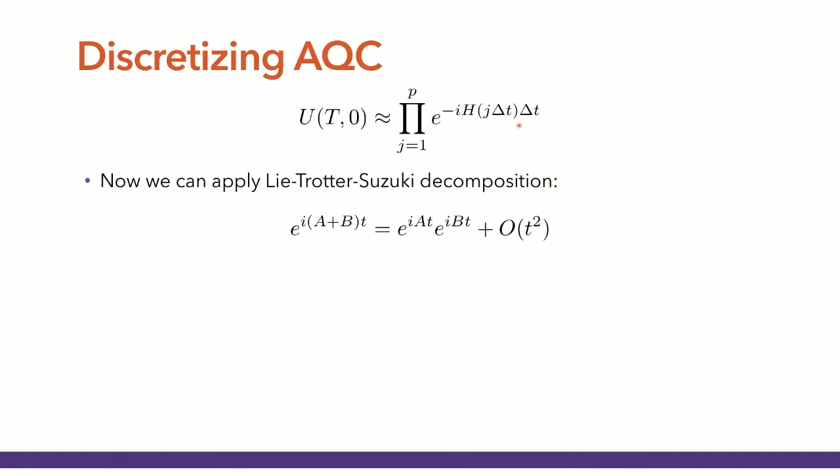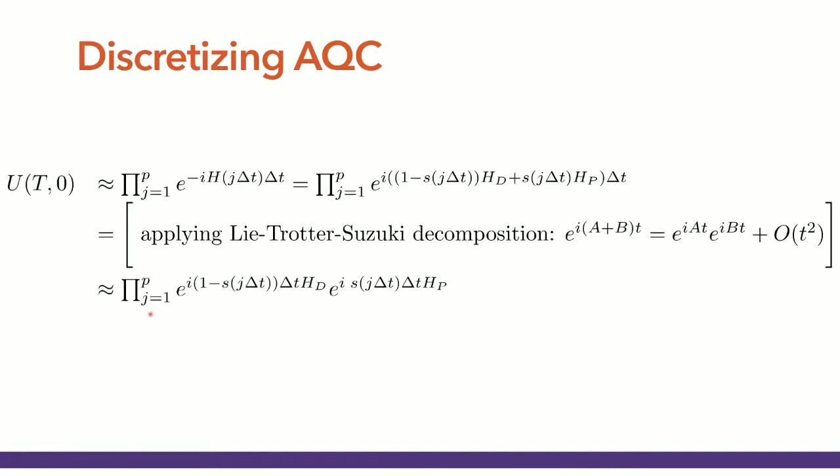They don't necessarily commute, so we apply the Suzuki-Trotter decomposition, and now we get this product of exponents of minus i (1 minus s_j) H_d delta t and minus i s_j H_p delta t, because our Hamiltonian is evolving with (1 minus s of t) H_d plus s of t H_p. And this hopefully resembles the quantum approximate optimization algorithm ansatz.